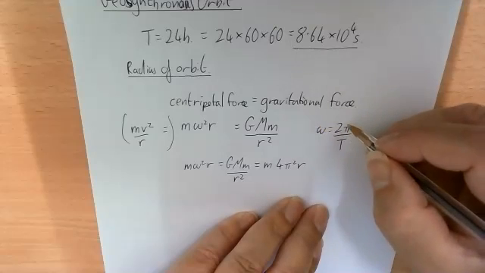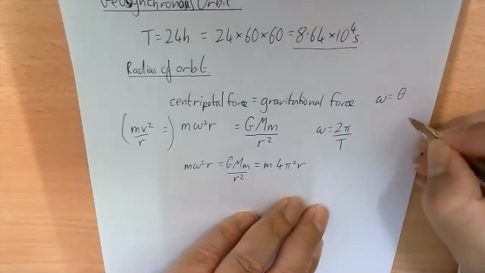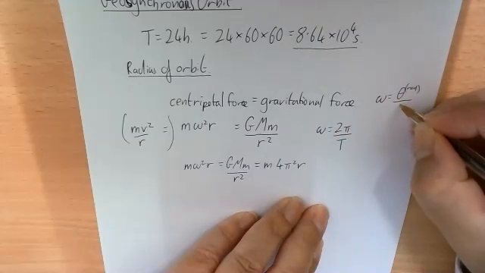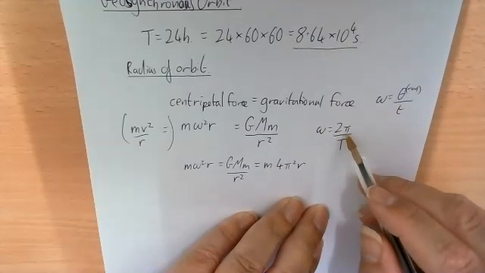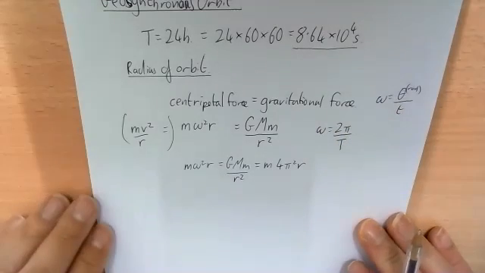If you think about it, the angular velocity is the angle subtended in radians over the time taken. To go around in one circle is an angle of 2 pi radians, the same thing as 360 degrees, and the time taken to go around in one circle is the orbital period. That's where it comes from. Does that make sense? Yes, it does. Thank you very much.